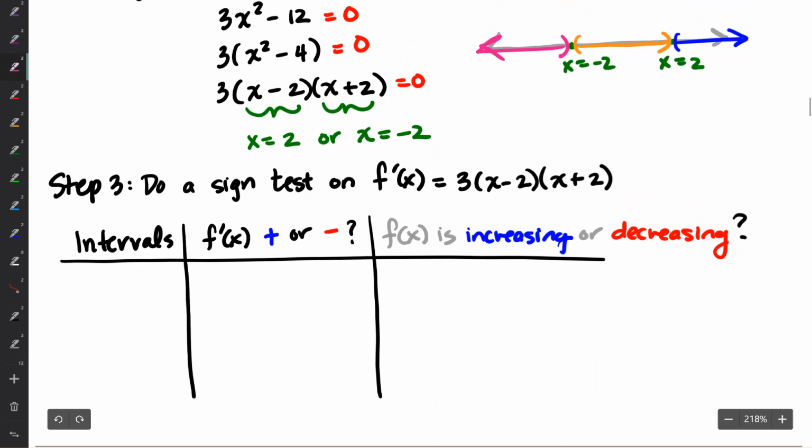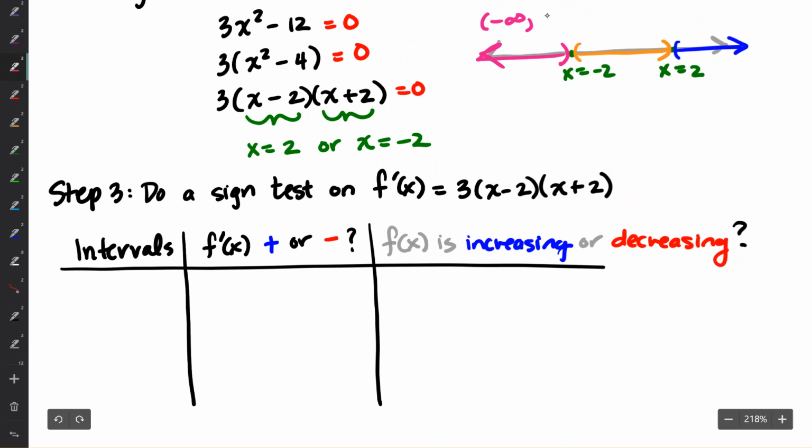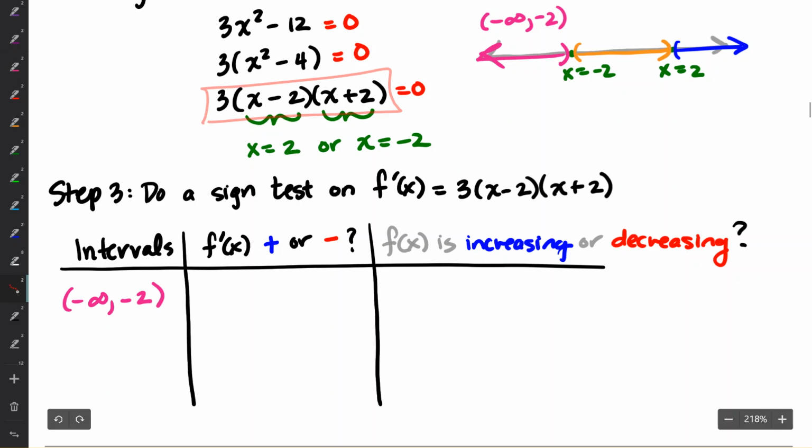Right, so what are my intervals? Minus infinity up to -2. Pick an x value less than -2. You know, -10. What do we have for f prime?